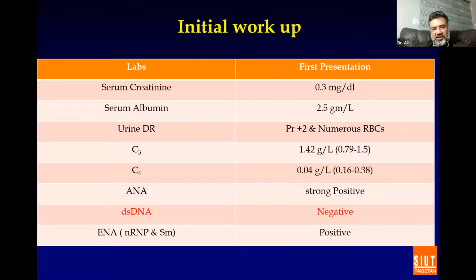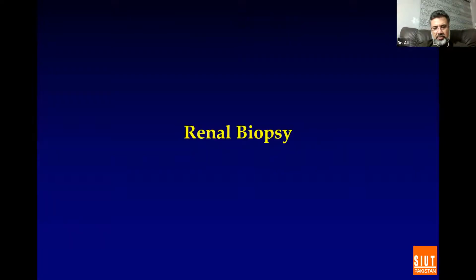So given her symptoms, we did a whole profile of ENA, and the RNP and anti-Smith antibodies were positive. So we went ahead and did a kidney biopsy on her. So Dr. Mubarak, may I request you to take over from here, the biopsy?